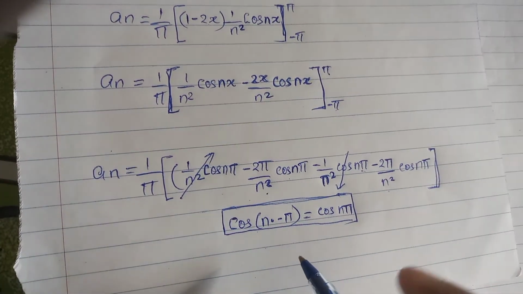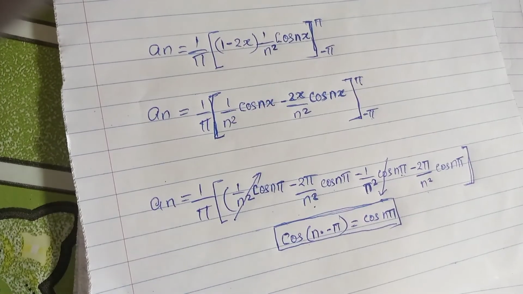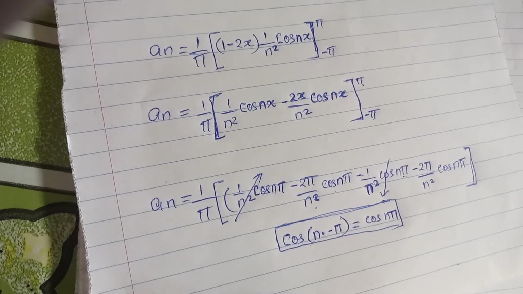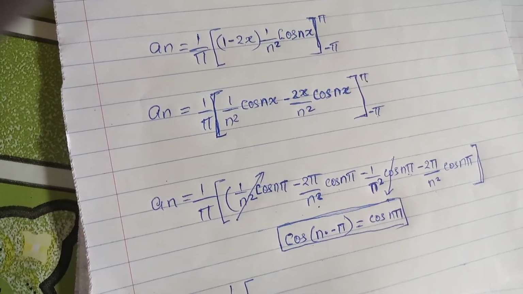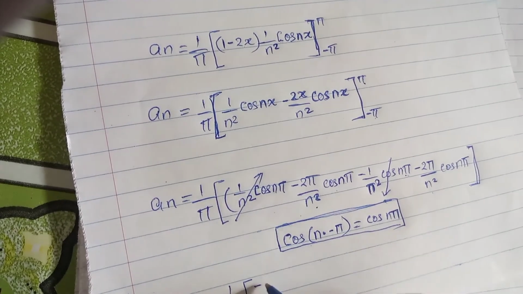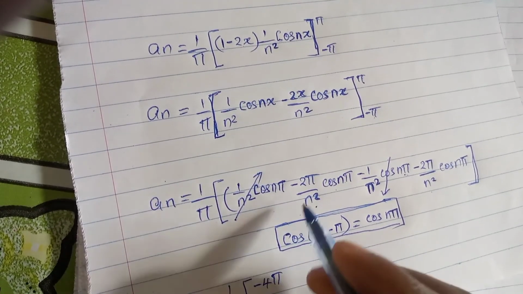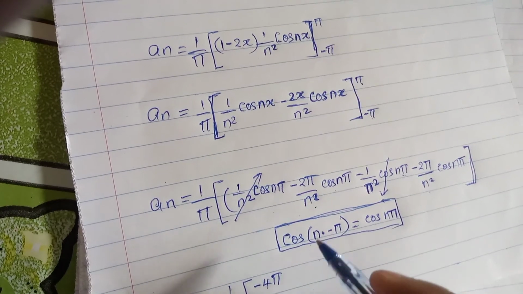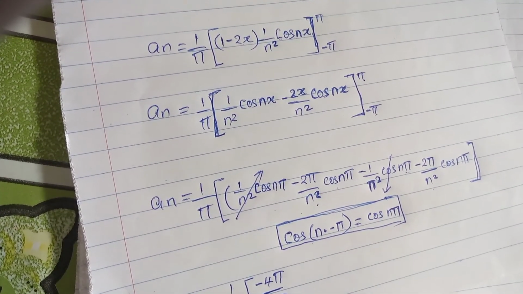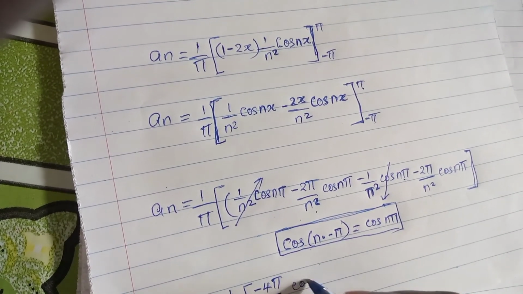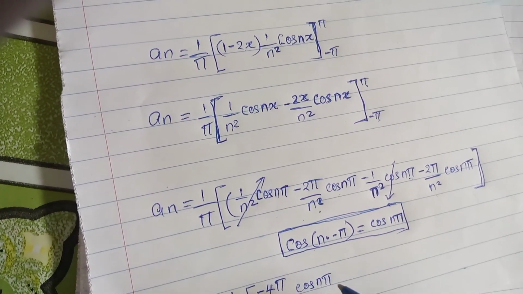So there are two. We have 2 times negative 2 pi over n squared cos n pi. So therefore our a_n will now be equal to 1 over pi, negative 4 pi, because they are 2, you multiply by 2 or you add them, you will get negative 4 pi over n squared cos n pi.